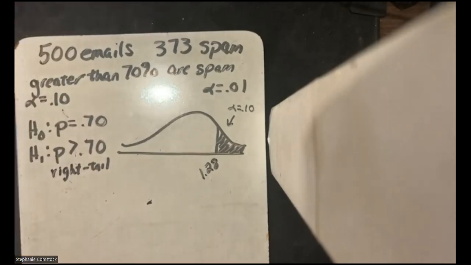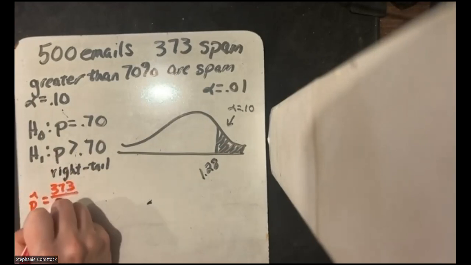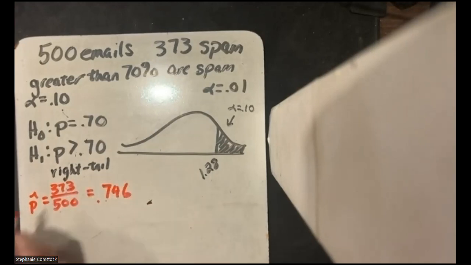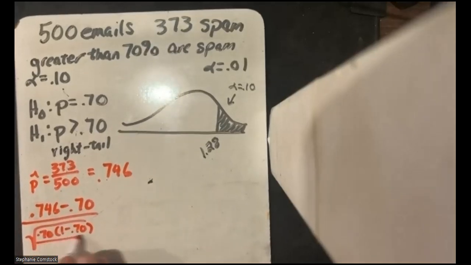So now, finding my test statistic. First off, p hat is 373 out of 500, which is 0.746. Now, to find my test statistic, it's going to be 0.746 minus 0.70 over the square root of 0.70 times 1 minus 0.70 over 500.